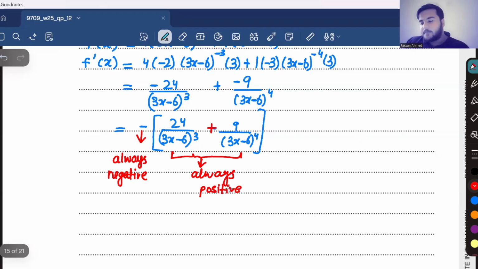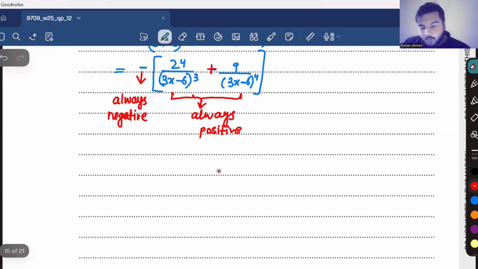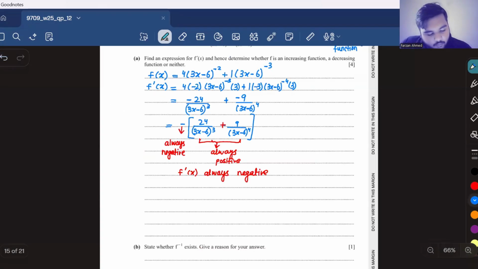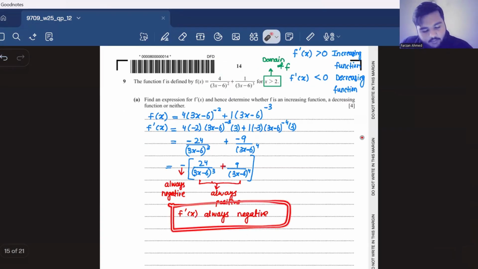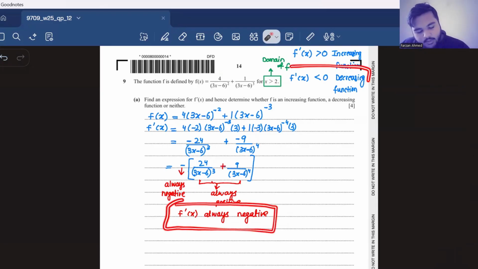If we have negative and positive, f prime x will also be negative. So f prime x is always negative. From this we have to check whether it is an increasing or decreasing function. Since f prime is always negative, it means it is a decreasing function.